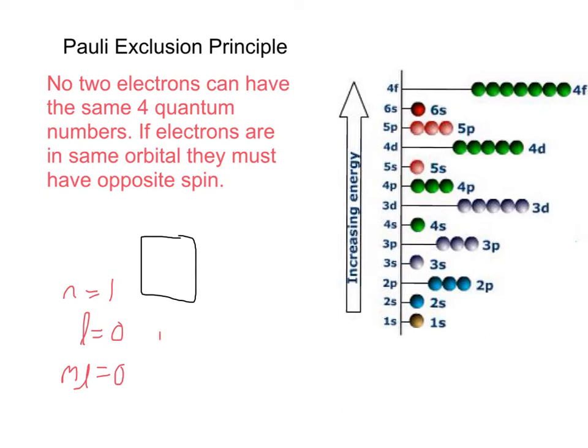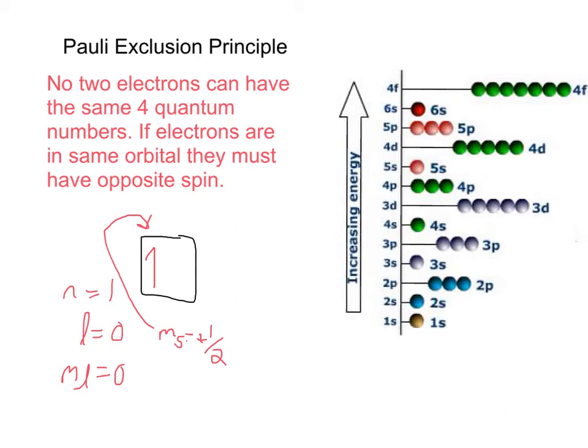So that means the m sub s quantum number cannot be the same for both hydrogen and helium. The way that we show that is the first one that we put in would have m sub s up, which would be, let's say, plus 1/2. In this case, by the way we've been doing it, that would actually be helium, because the first half is negative. But that would denote either hydrogen or helium.